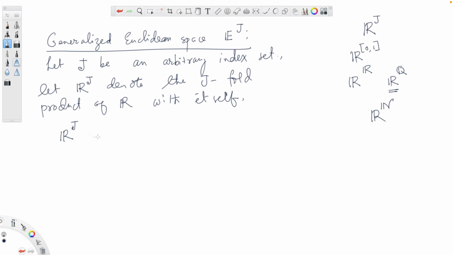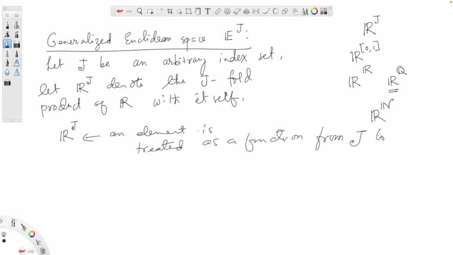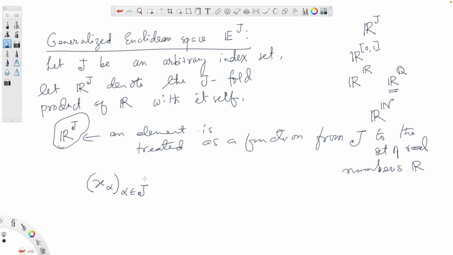An element of this space R to the J is treated as a function from this set J to the set of real numbers R. One usually uses tuple notation for an element of R to the J: x sub alpha, where alpha runs in the index family J. So an element is designated by this symbol.